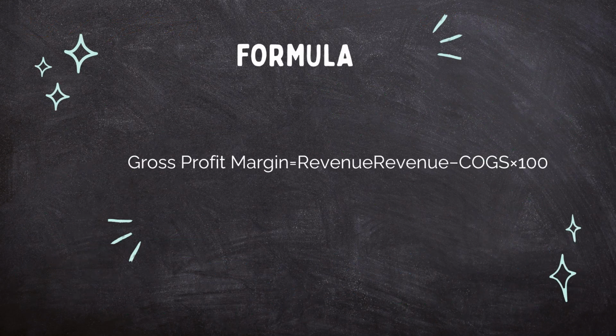Now the formula of the concept, GP margin: revenue minus COGS, divided by revenue, into 100. Let's understand with an example. Your revenue is 100 lakh rupees and COGS is 60 lakh rupees. So the formula is revenue minus COGS by revenue into 100.